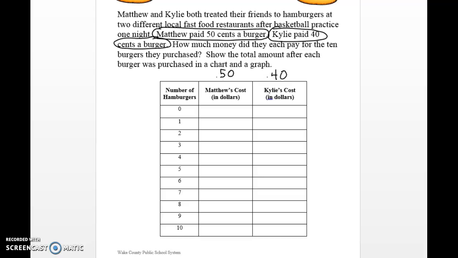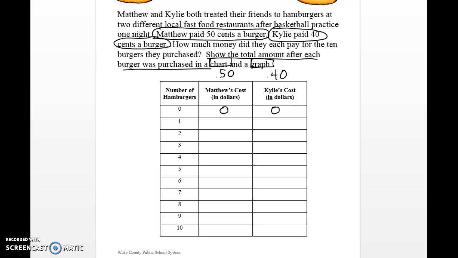Okay? So I need to show the total amount in a chart and a graph. All right, so go ahead and fill in your chart. I know that 0 is going to be 0 right across.